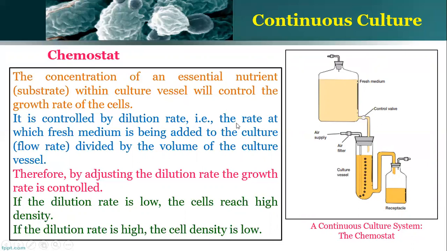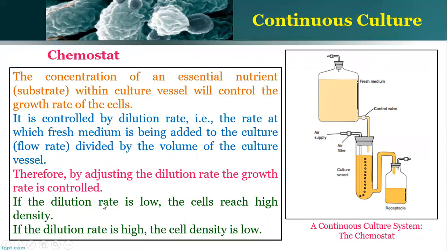Dilution rate is the rate at which fresh medium is being added to the culture divided by the volume of the culture vessel. So therefore, by adjusting the dilution rate, the growth is controlled.